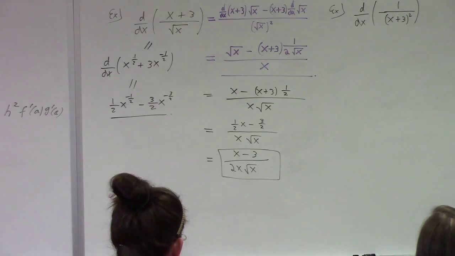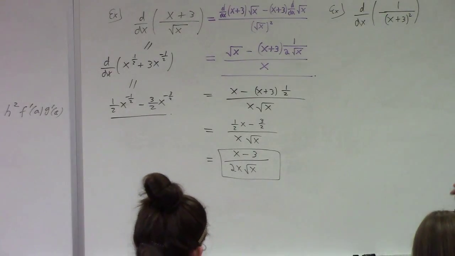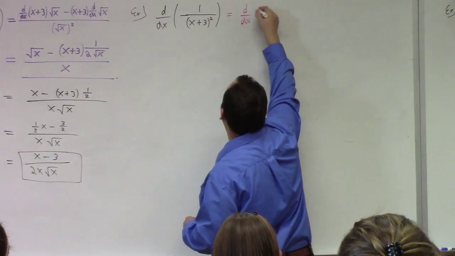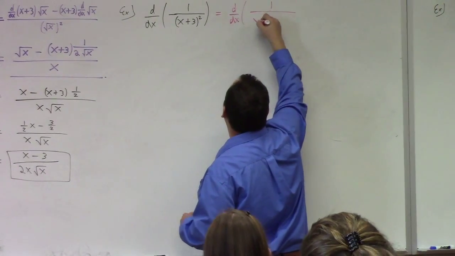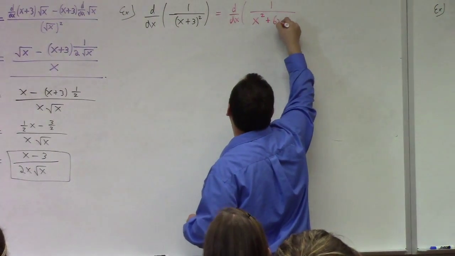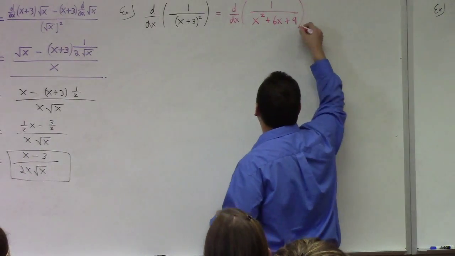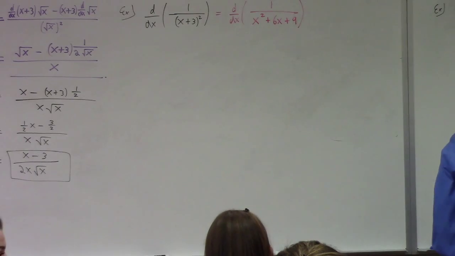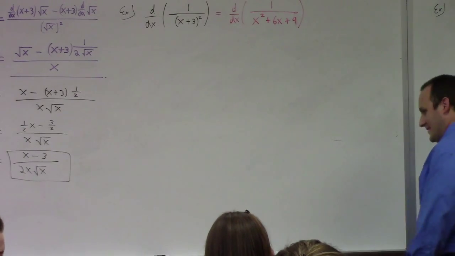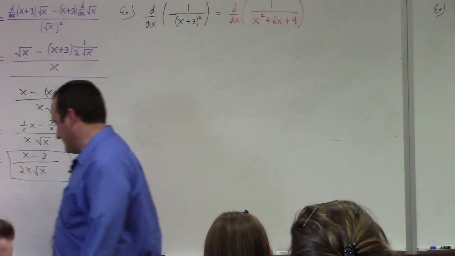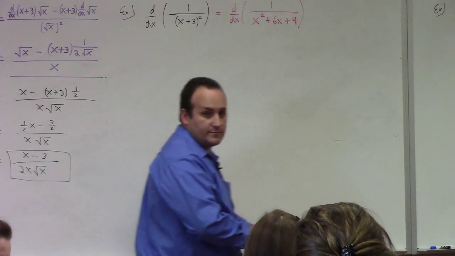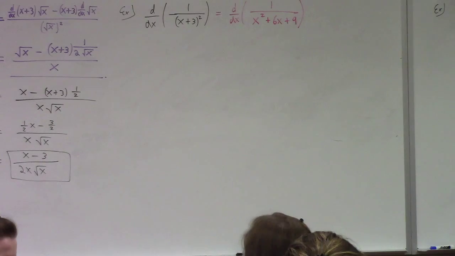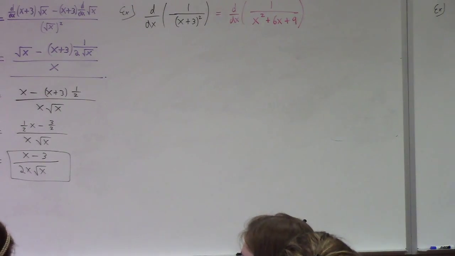So what would you do here if you don't know the chain rule? Yeah, if you know the chain rule, you're welcome to use it, but that's not my intention that you have to use it, okay?